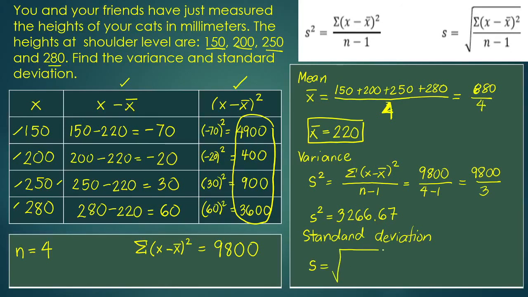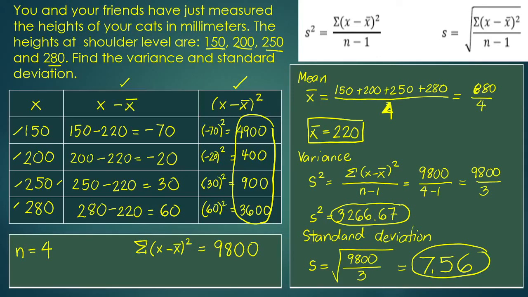Take the square root of the answer in your calculator. How much is the square root? 7.56. This is now the standard deviation.